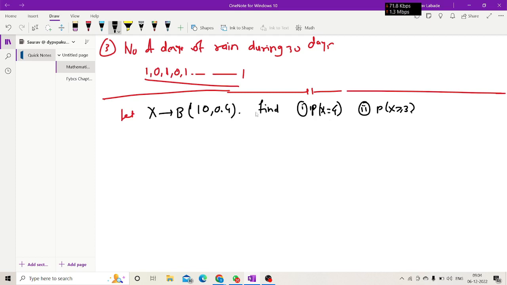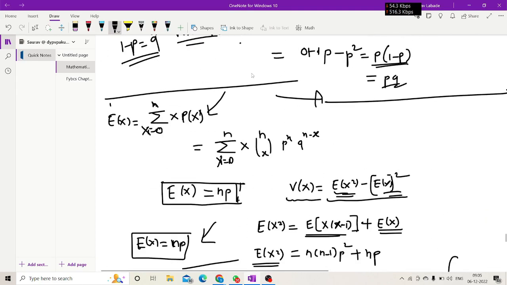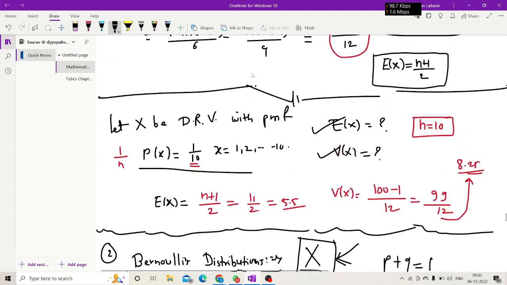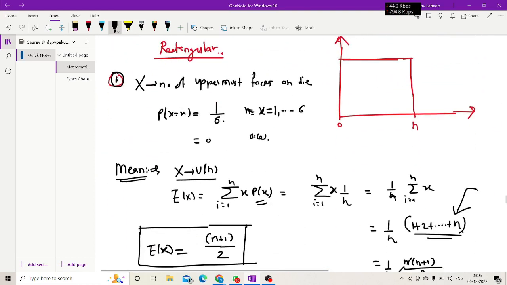So how can we find this? First, tell me what is the meaning of this. Suppose x follows binomial 10, 0.4. That means what? Understand the meaning of this. For every distribution there are some notations. For the uniform distribution, I have stated that X follows uniform n.